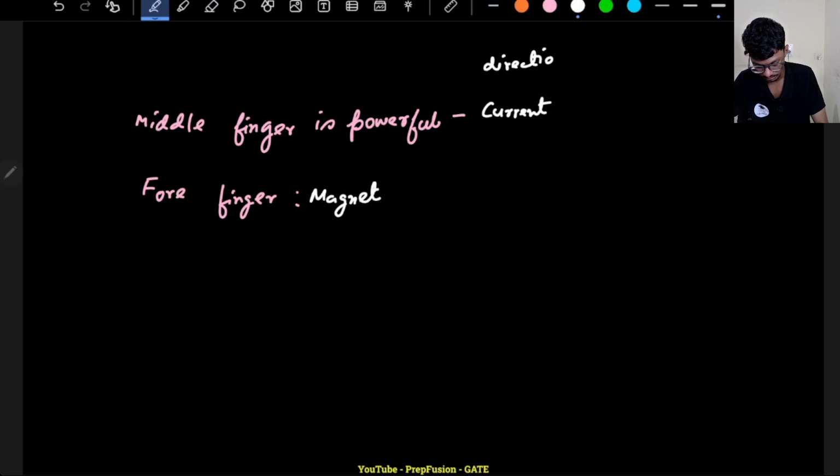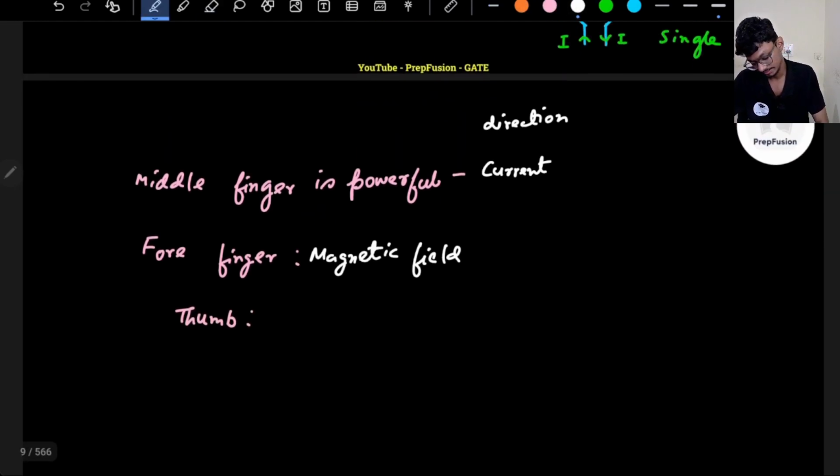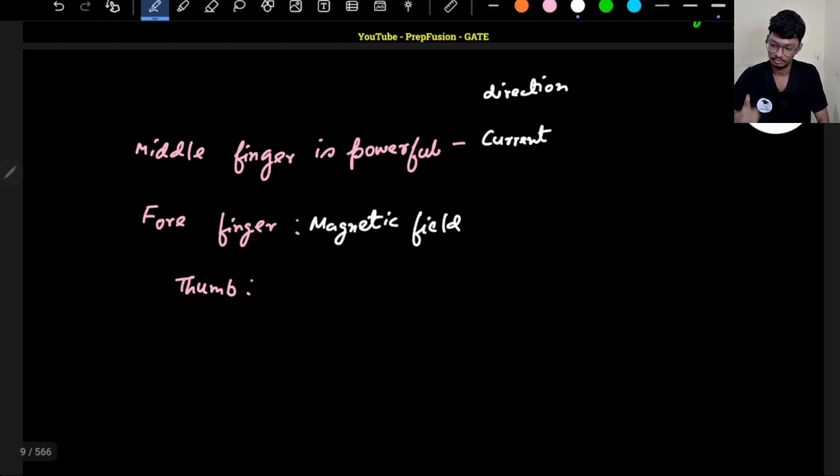Direction of current, direction of magnetic field, and now only one finger is left, the thumb. The thumb is basically the direction of the force.